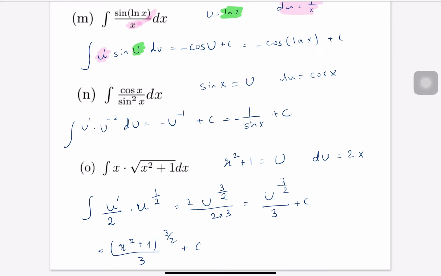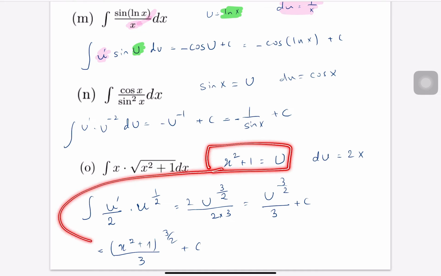And now I add plus 1, divide, it will be 3 per 2, and I can put 3 per 2 here, and in this situation these cancel each other. It will be u power 3 per 2 divided by 3, plus c. Now I can put, instead of u, x power 2 plus 1, and we can find the result here.